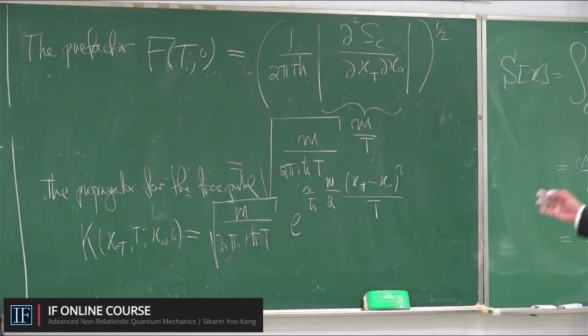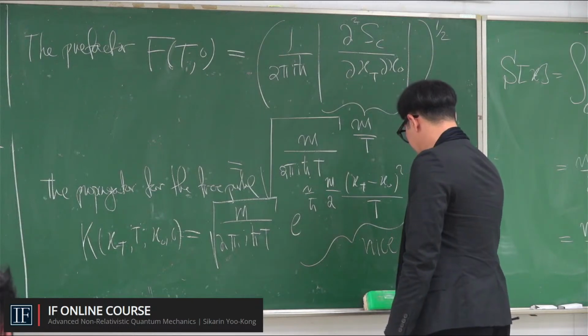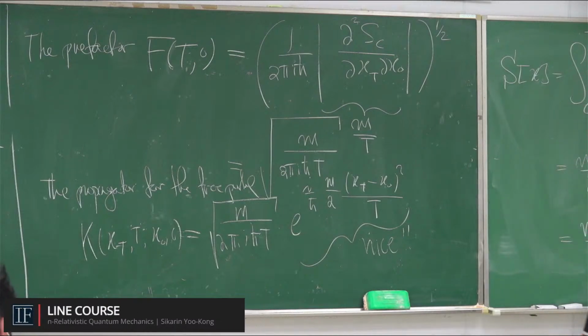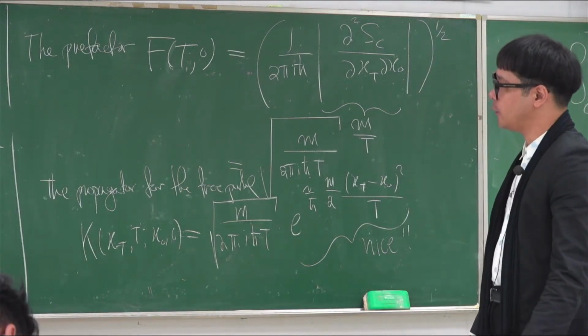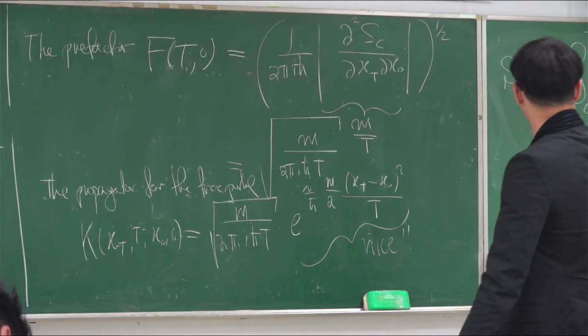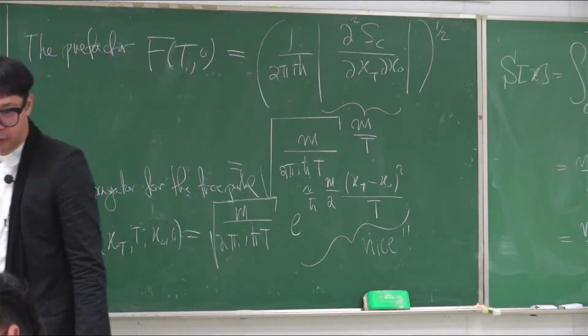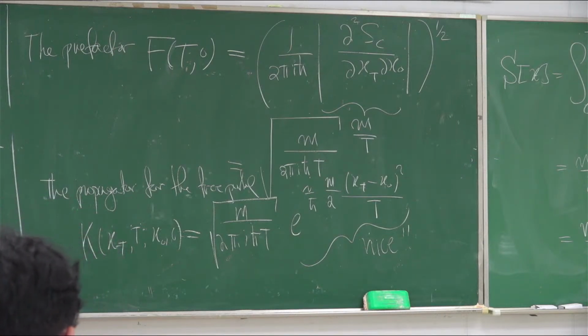Okay, this is very nice because you can do things explicitly. For the particle, you can actually associate this particle with the quantum form, right? That is the reason why you can use this kind of thing to compute.